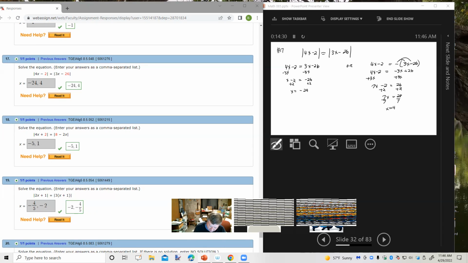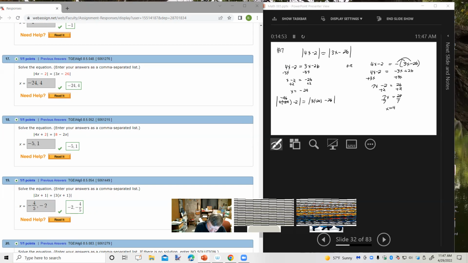Let's check our work. So if x is negative 24, we'd get that. 4 times negative 24 is negative 96.